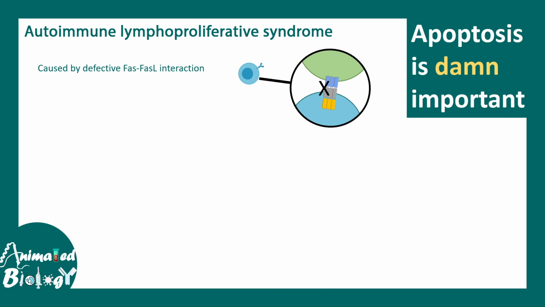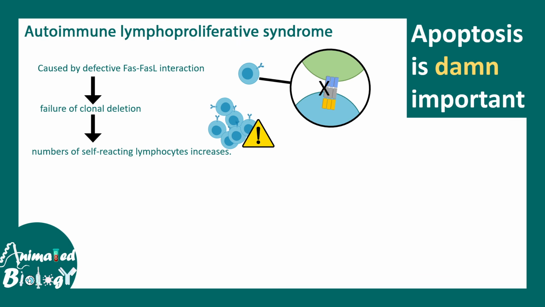There could be diseases associated with problems in apoptosis. Apoptosis is very important, and when it doesn't happen, one case is known as autoimmune lymphoproliferative syndrome, where the FAS-L and FAS interaction is abrogated, and as a result the clonal deletion of specific reactive lymphocytes fails.